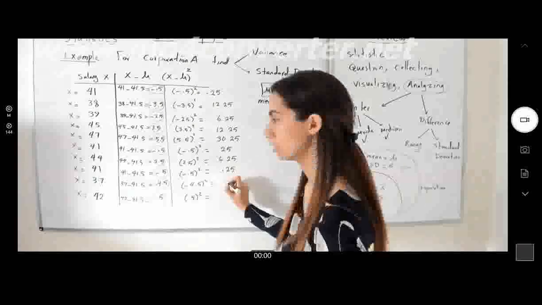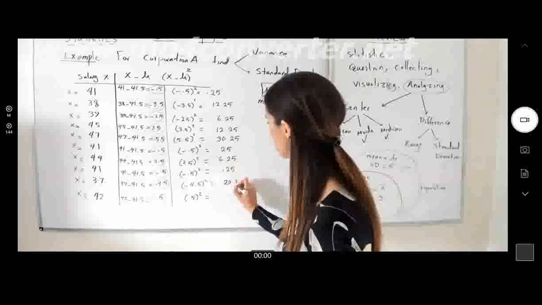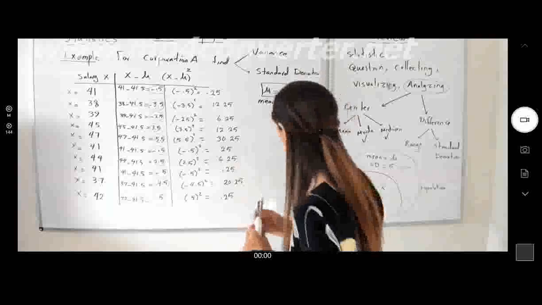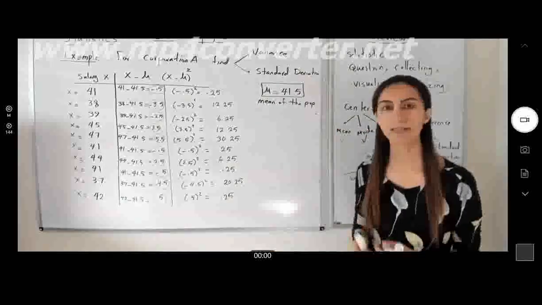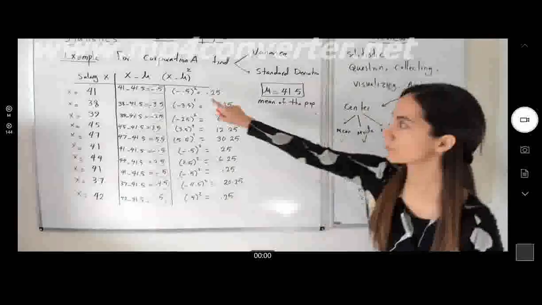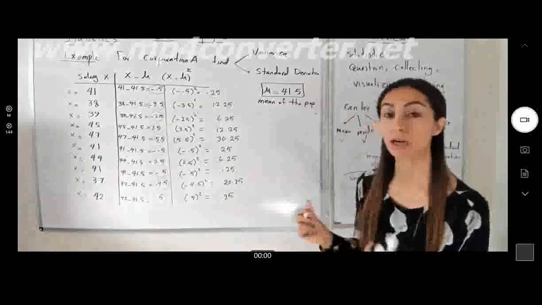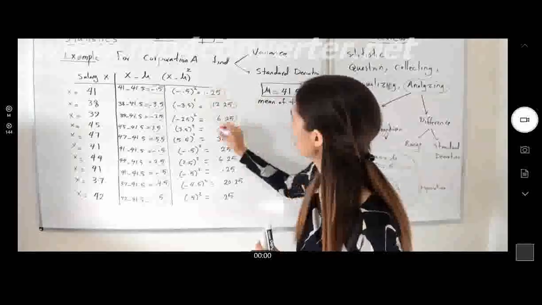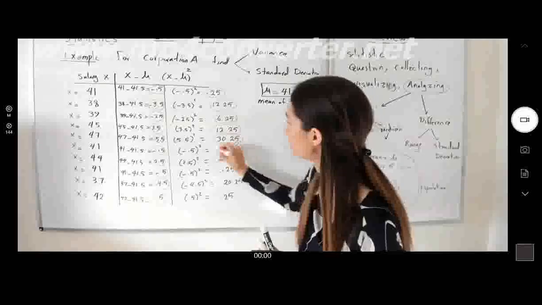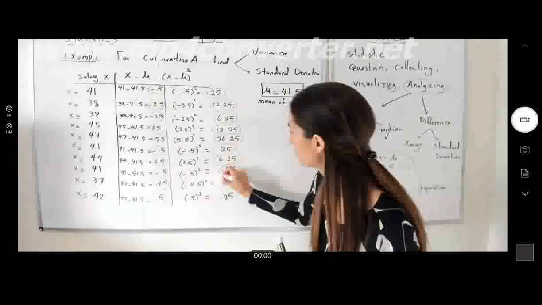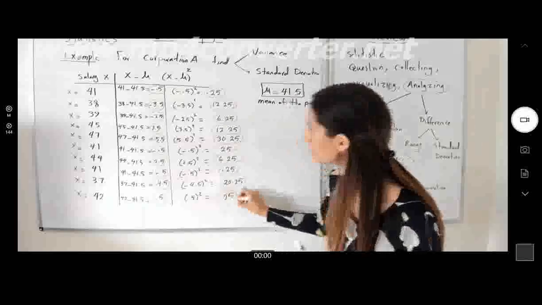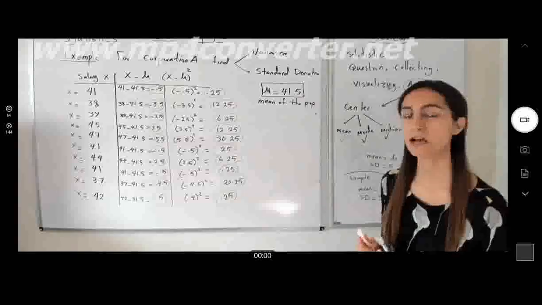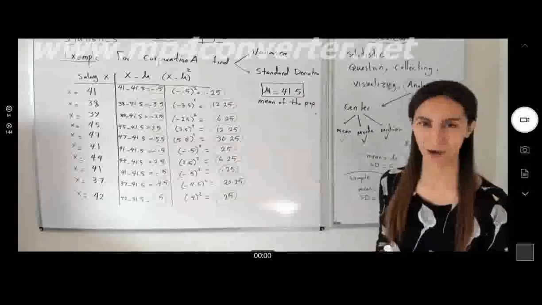And let's see here, we get 20.25 and finally 0.25. Note that all of these numbers are positive because when we square a negative value, it's going to be a positive number. So these numbers are important. Why is that? Because we're going to take each of these, add them all together, divide by 10, which is the total number of values in the collection.